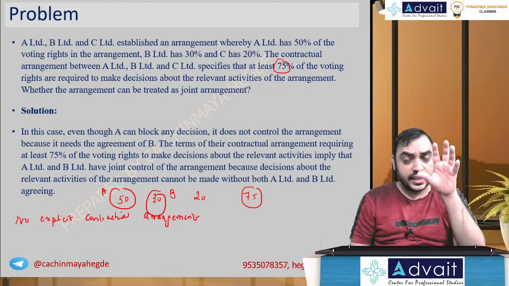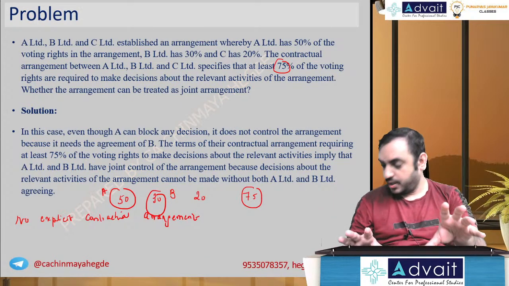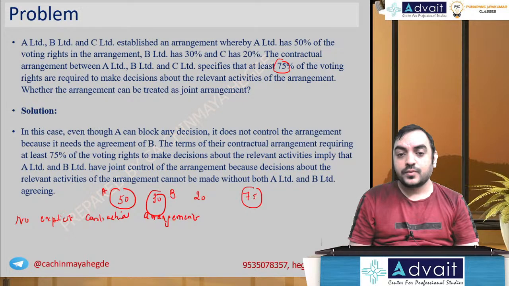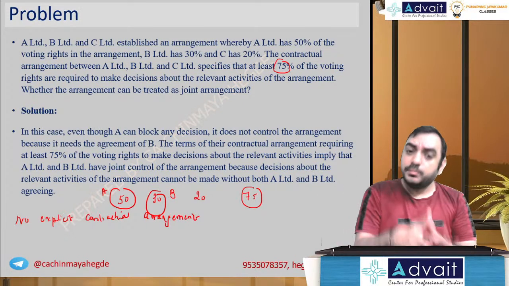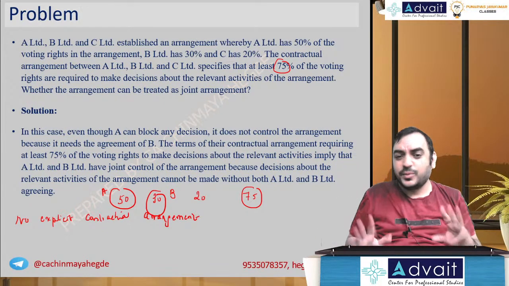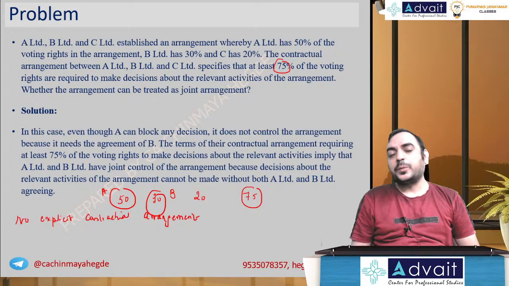Now, in this case, without A's consent, a decision cannot be taken. Without B's consent, a decision cannot be taken. C may be required, may not be required. He is not really relevant here because he is not going to add anything to the decision you are going to take.